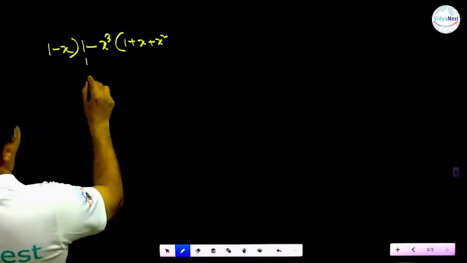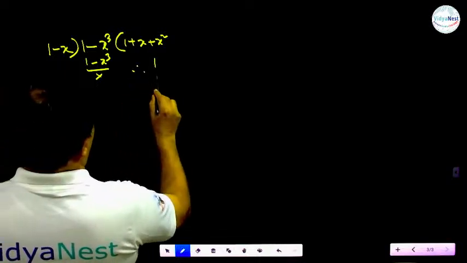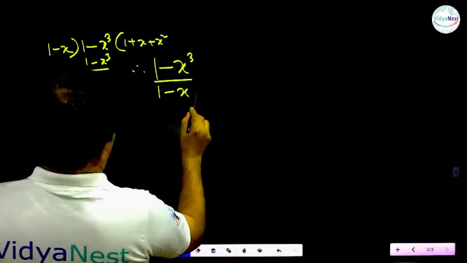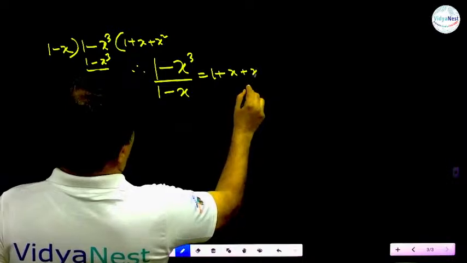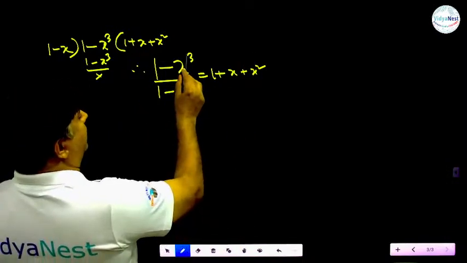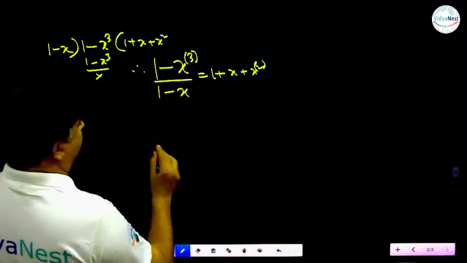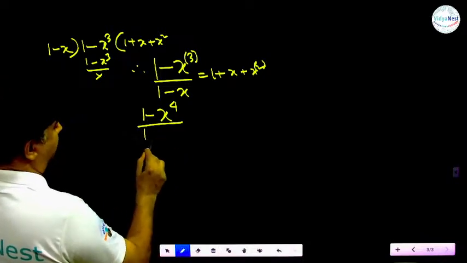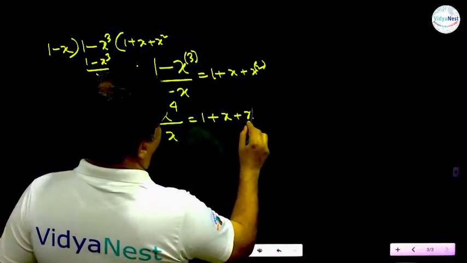This will be the quotient, this is the remainder. So you can write 1 minus x cube by 1 minus x is equal to 1 plus x plus x square. When the dividend's highest power is cube, the quotient's highest power is reduced by 1. Similarly, if you take 1 minus x to the power 4, then the quotient will be like this.